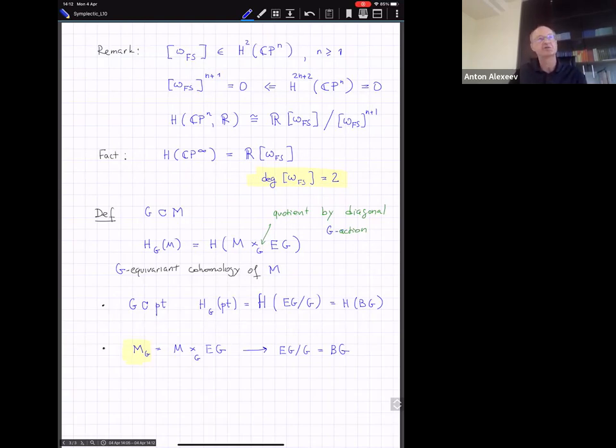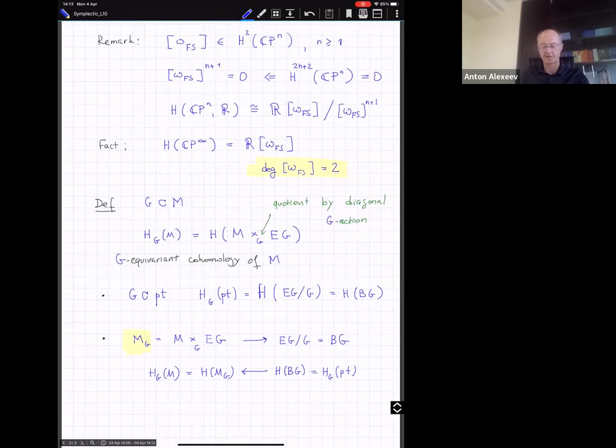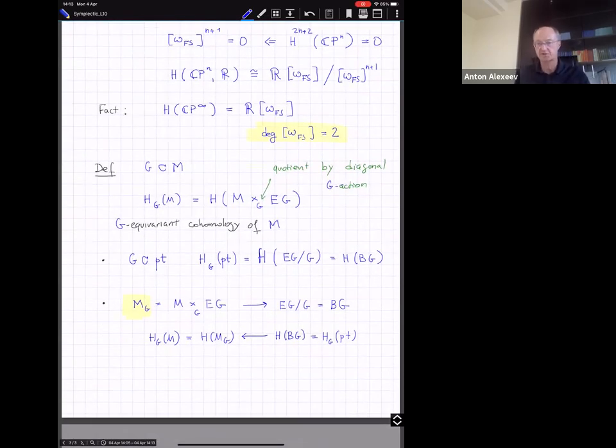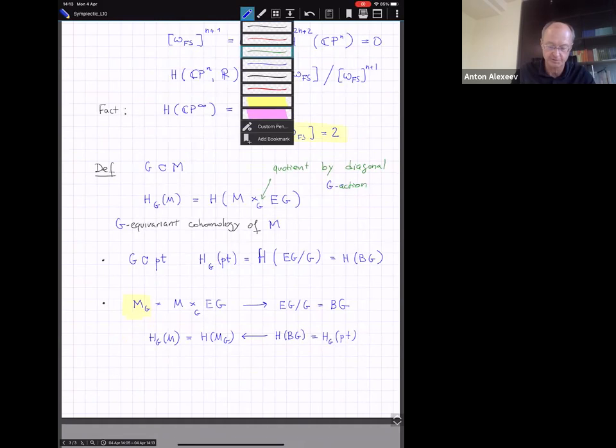These are the set of pairs modulo the G action; let's forget the first element in the pair. So we get a map to EG mod G. And this means that in cohomology, H of BG, which is the equivariant cohomology of a point, maps into cohomology of M_G, which is by definition the equivariant cohomology of M. So this is an algebra homomorphism.